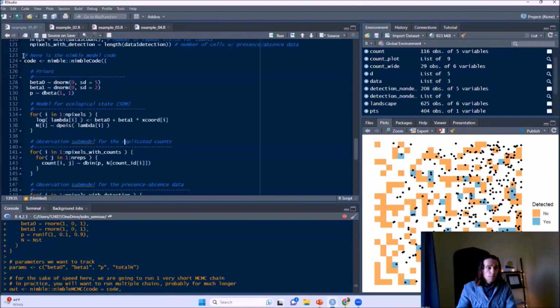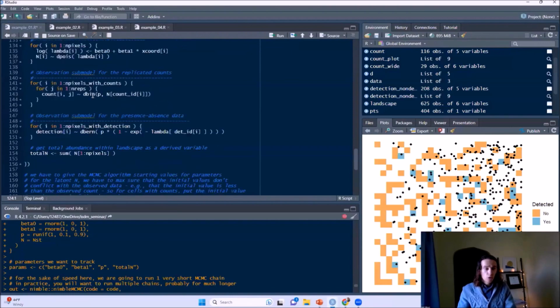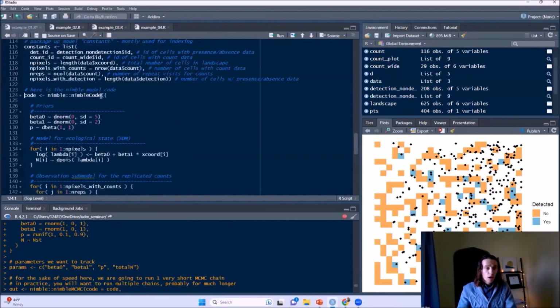So here, starting in line 124, we have the code for the model itself. And once we get inside of this bracket here, we are no longer in the R programming language. We are in the Nimble language.